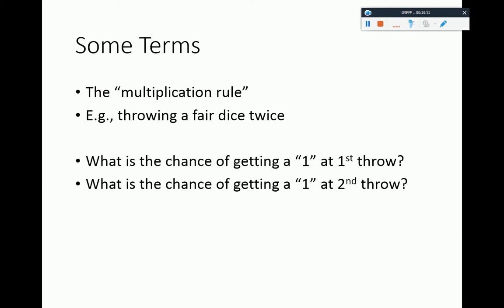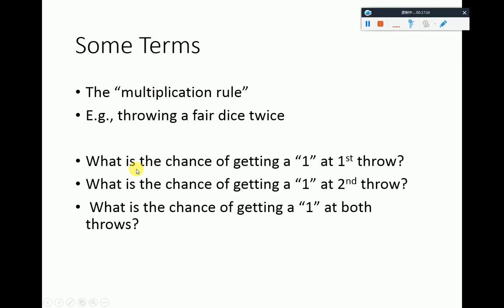And if you throw this dice again, you pick it up, you observe the first value that you observe, you pick it up and you throw it again. Then what's the chance or probability of observing 1 again at a second throw? And we can also ask, what is the chance or probability of observing 1 at both throws?